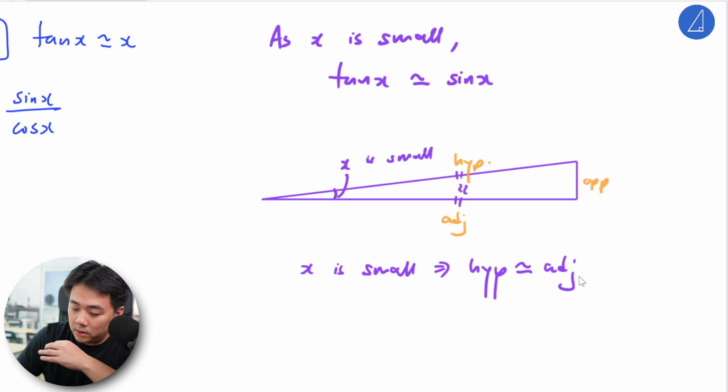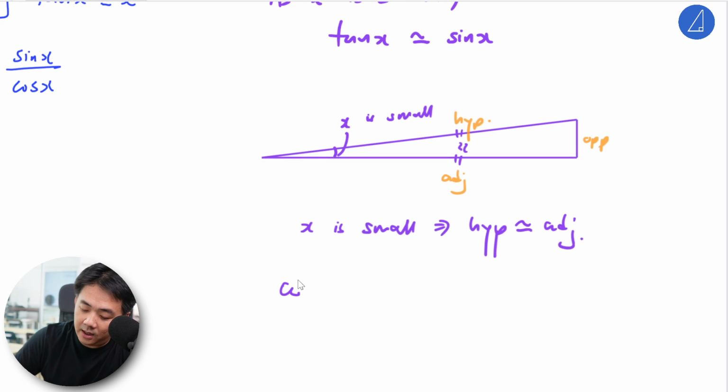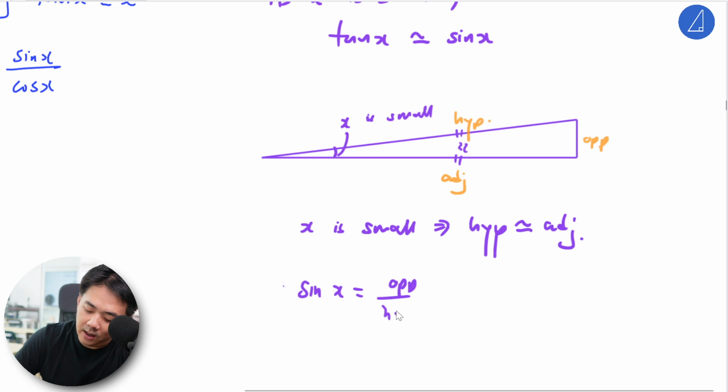So sine x will be opposite over hypotenuse, and tangent x will be opposite over adjacent.